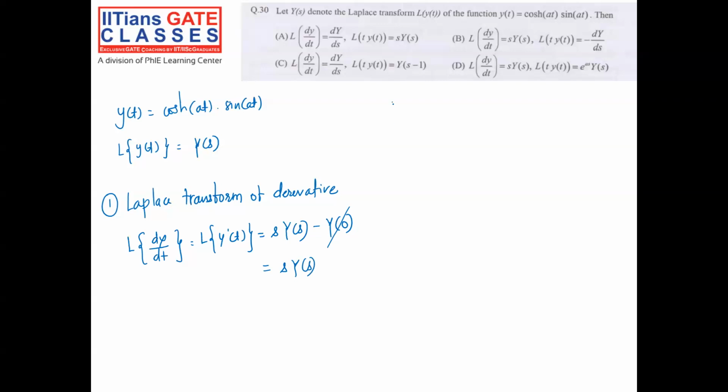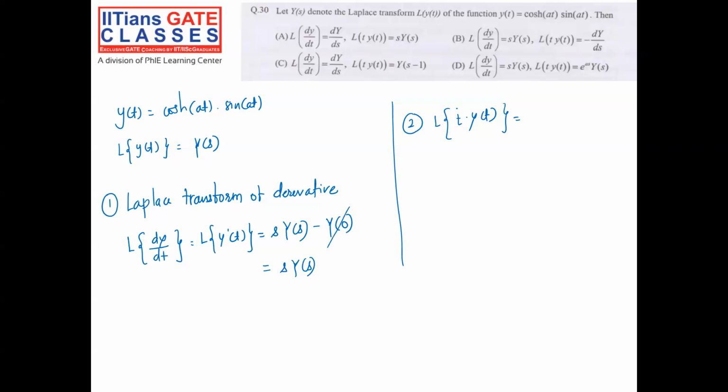The second property which is used in these options is the multiplication by t property. The Laplace transform of t into y of t: whenever we are multiplying with a t, we have to use the formula.